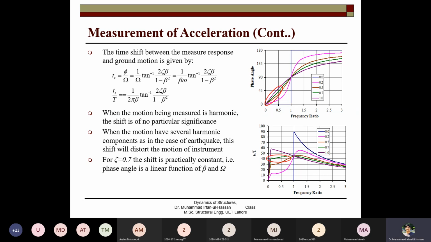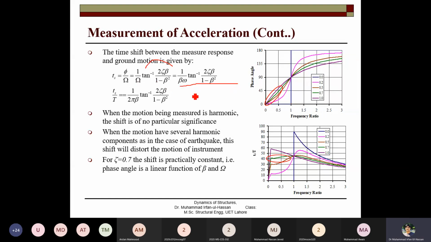Putting the value of phi here, phi is known, tangent inverse of this, and 1 over gamma. This is called the time shift, the ratio of the phase angle of the system to the frequency of the ground motion. So by putting in the values, you get this one.